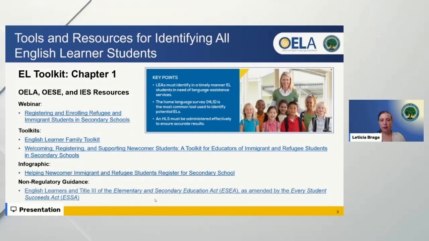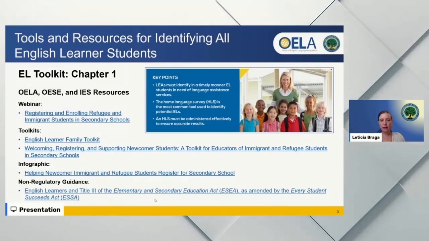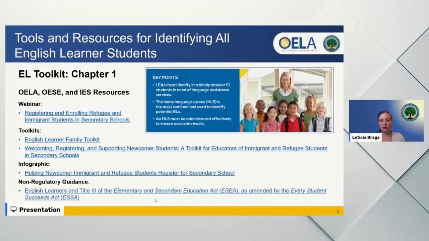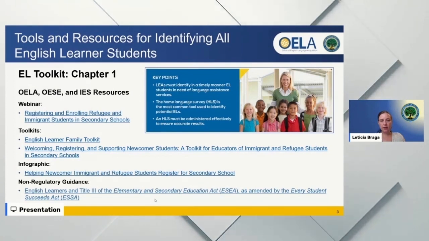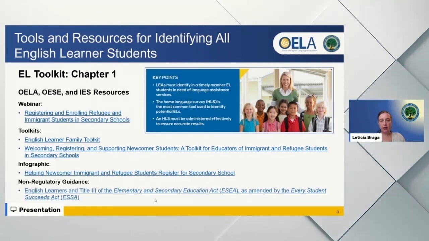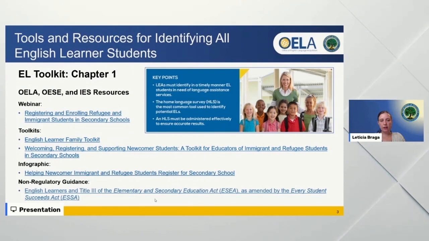It provides states and local educational agencies with information to assist them in meeting their obligations under Title III of the Elementary and Secondary Education Act of 1965, or the ESEA, as amended by the Every Student Succeeds Act of 2015, or ESSA, to provide supplemental services to English learners, immigrant children and youth, and their families. This guidance also provides the public with information about their rights under this law and other relevant laws and regulations. You can access these resources and more on the NCELA, OESE, and IES websites. Next slide.